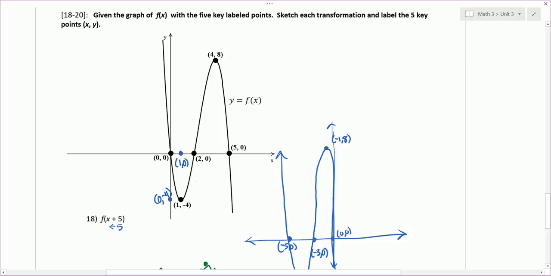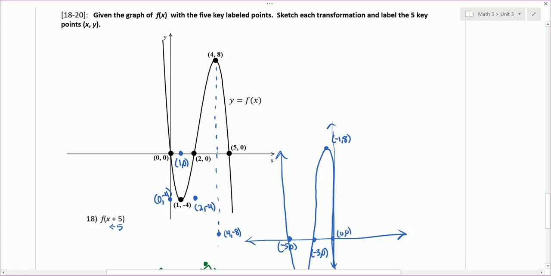then you transfer it down 4 units. So we're at 2, negative 4. The point 4, 8, when you take that and reflect it about the x-axis, initially it's going to be pretty low at 4, negative 8.